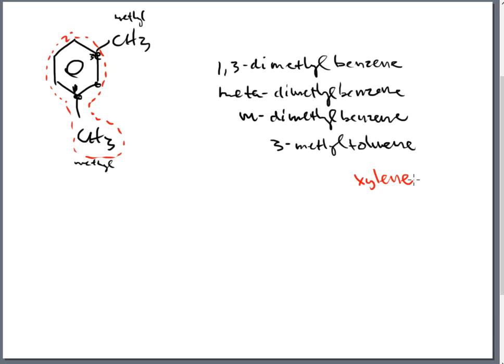That's the P. That's the para position. So there are different forms of xylene, and we still have to tell you which type of xylene we have. And in this case, folks, we've already said that this was the meta position. So therefore, this is the M-xylene or the meta-xylene if I want to write the entire word meta out.